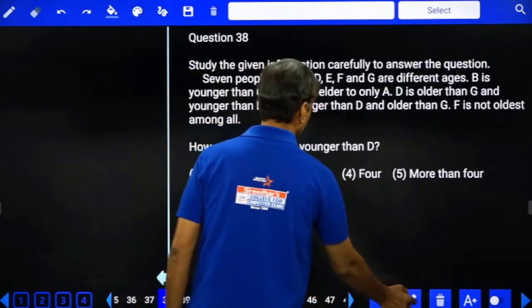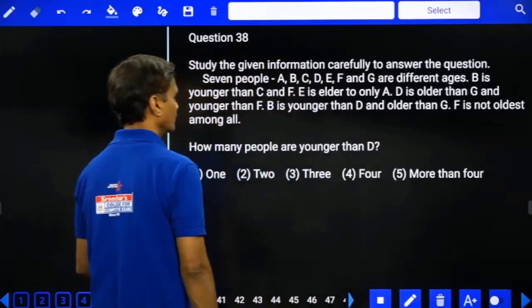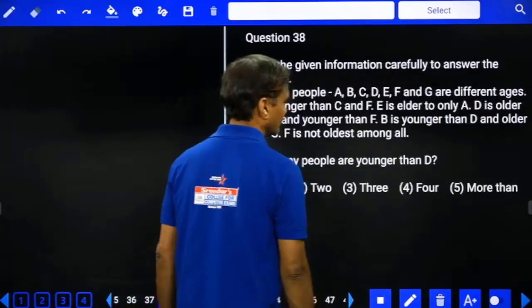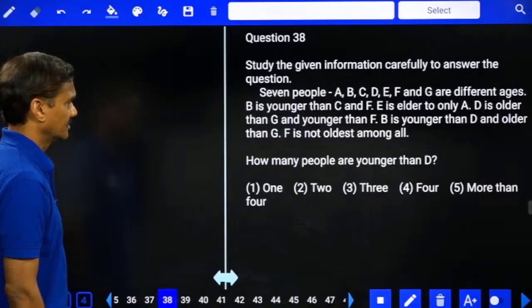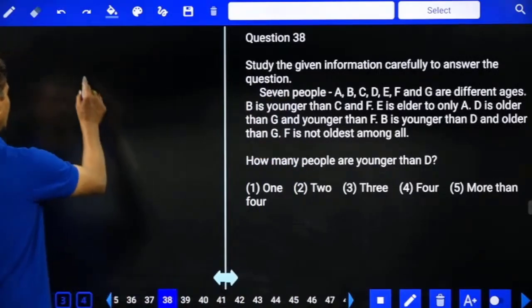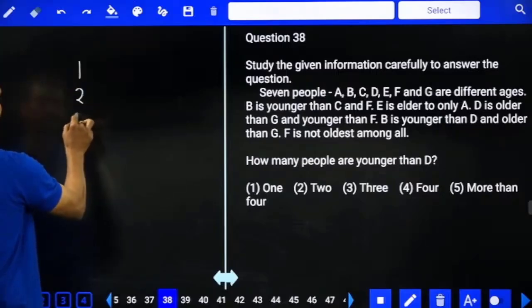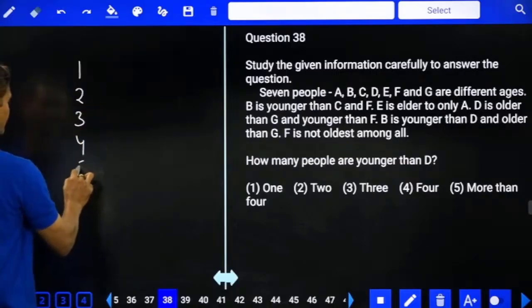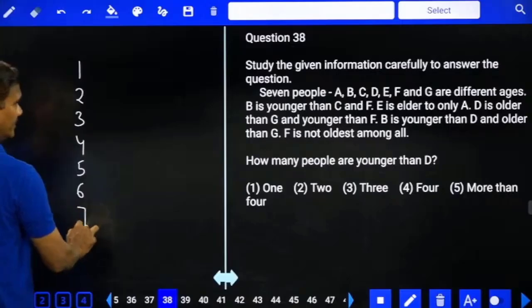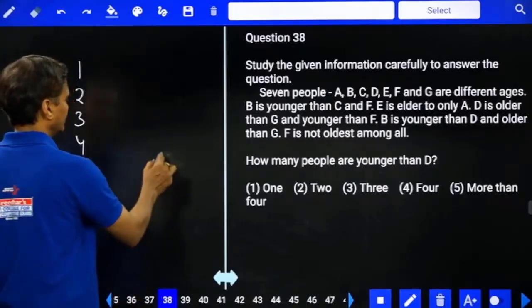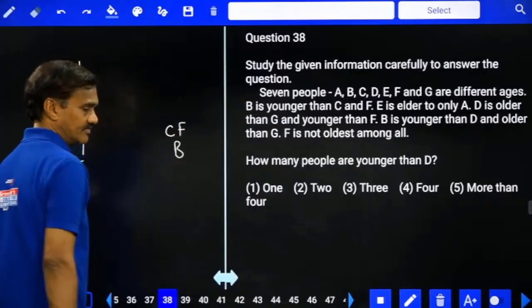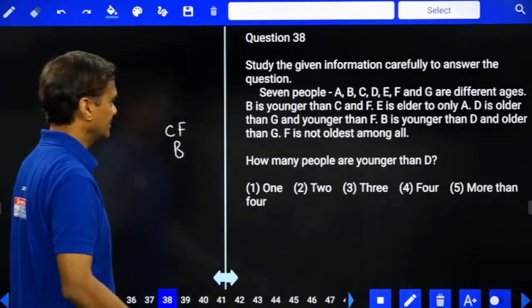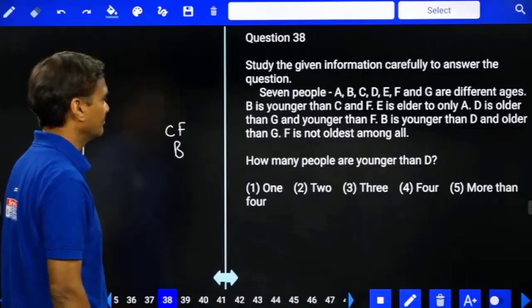Then coming to question number 38. Now 38 to 40 are based on just comparison. Now 7 people were there. Now we need to compare these people. These 3 questions are definitely under the first priority. Now 4, 5, 6, 7. And B is younger than C and F. Now this B is younger than both these 2 persons, C and F. Between C and F, either C can be younger or F can be younger.